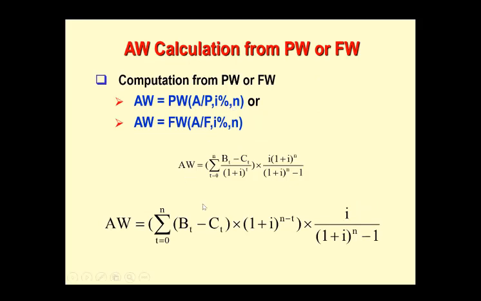We look at these formulas. We use this formula to calculate the annual worth regarding the revenue projects, because we see Bt minus Ct is a net cash flow.